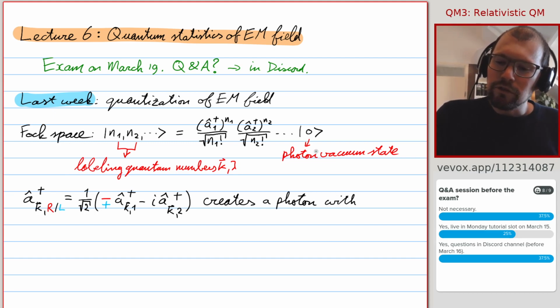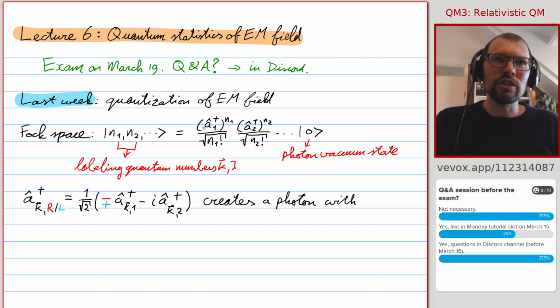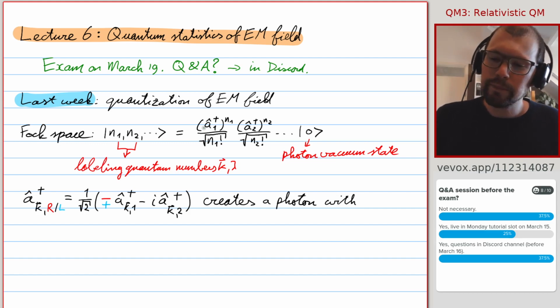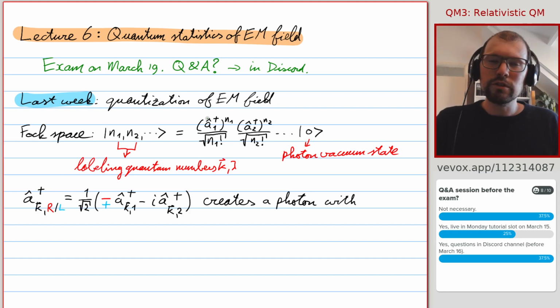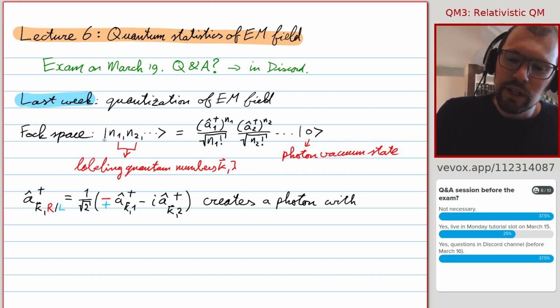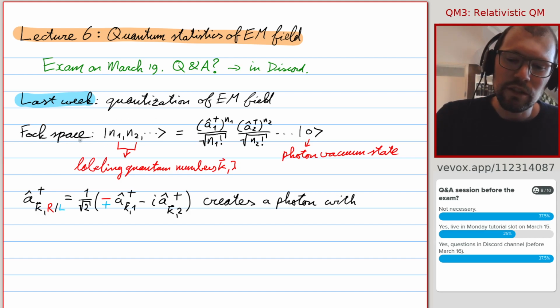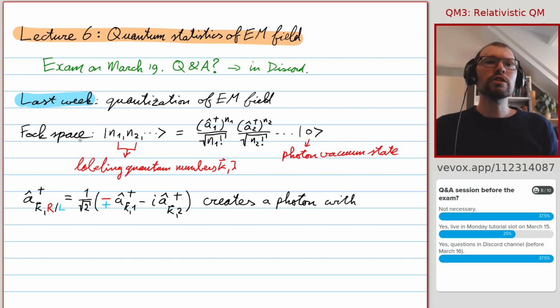And then for each wave vector k and polarization lambda, we have a creation operator that just adds a photon to this particular state. And you can have any number of these photons per wave vector, and just labeling these numbers for each of these states gives us a basis of the Fock space of the photons in this periodic box that we were looking at.